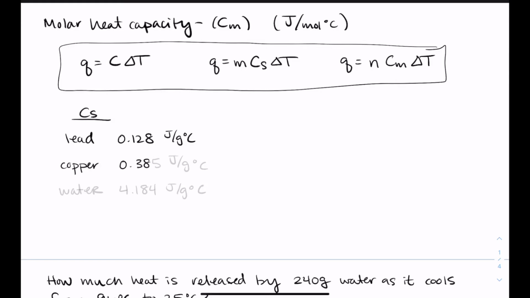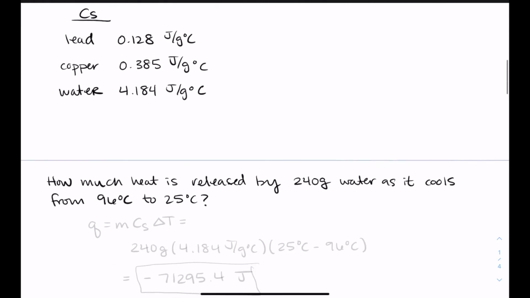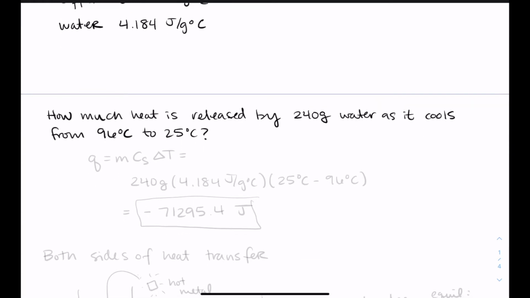So just so you can see the range, something like lead has a heat capacity of 0.128 joules per gram degree C. Copper is around 0.4 joules per gram degree C. And then water is 4.184 joules per gram degree C. You have to put in a lot of energy to change the temperature of water. Water has a very high specific heat capacity.